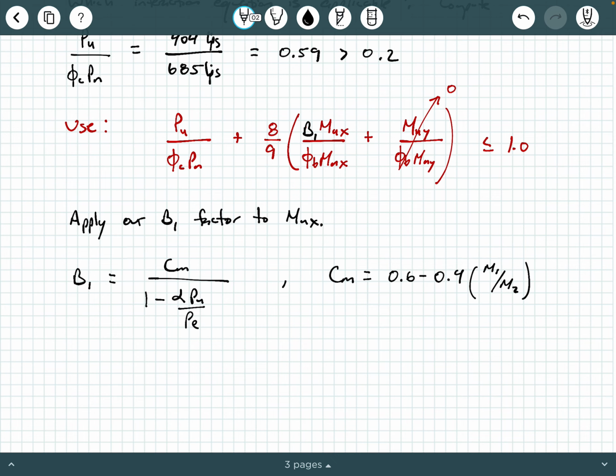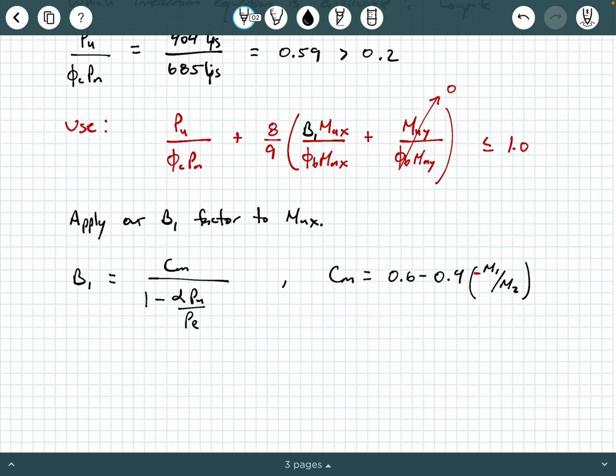Now, with single curvature bending, you need to embed a negative sign into this ratio. Why is that? Well, I think of it as your M1 and M2 are acting in opposite directions of one another. So this ratio needs to be negative because one of these moments will have a sign change compared to the other one of these moments, okay?